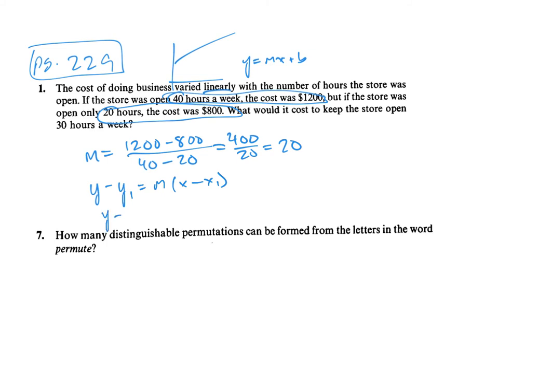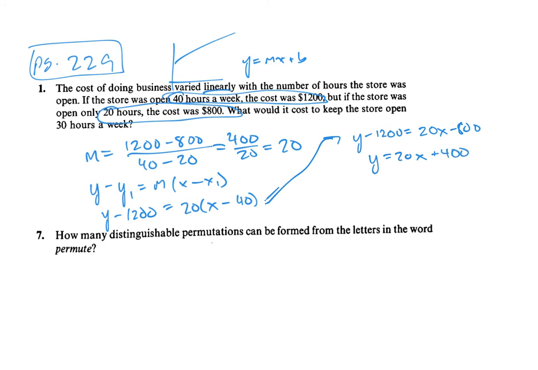The cost is our y value, 1,200. The slope that we just found is 20. And the number of hours that went with it is 40. And I will solve for y, so I have my y equals mx plus b. Add 1,200 to both sides.